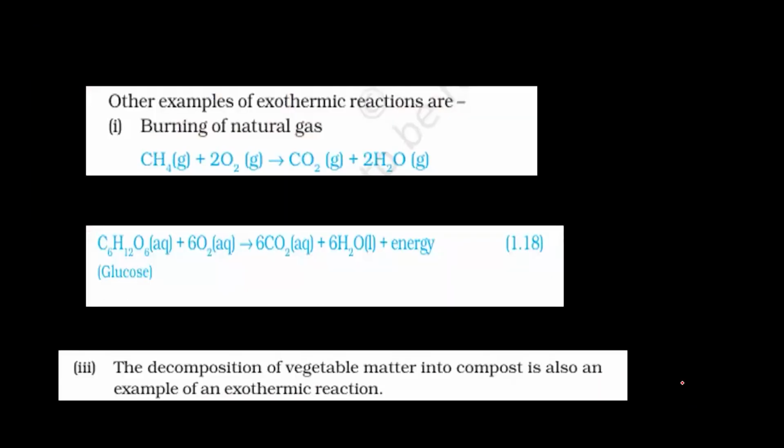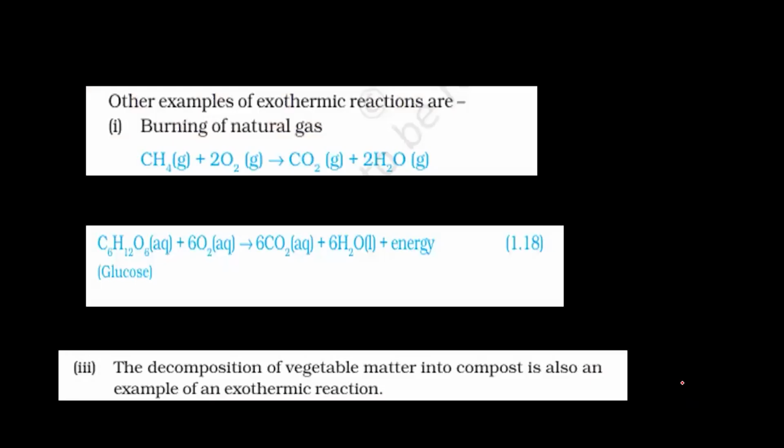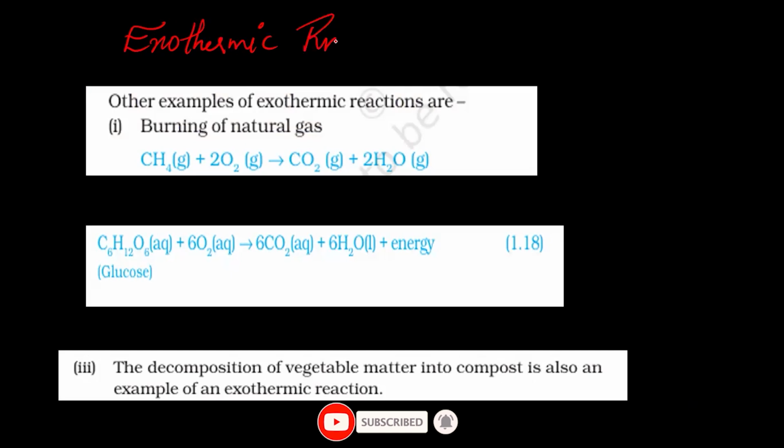Now you have seen that in this reaction of quicklime with water, heat is produced, right? Heat energy is liberated. That type of reaction, we call it an exothermic reaction. So now, as a subdivision, we have another reaction called exothermic reaction. What is the definition for exothermic reaction?